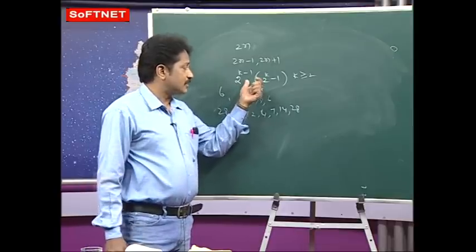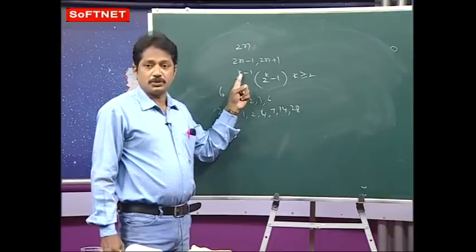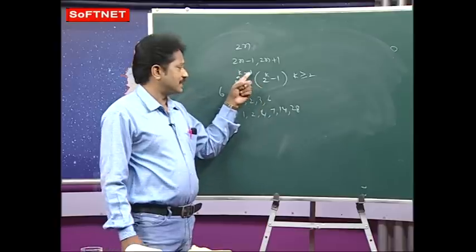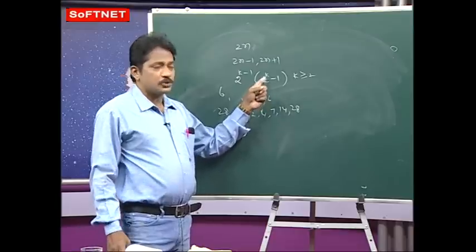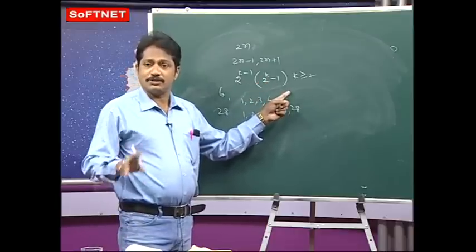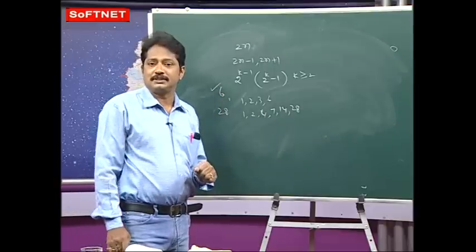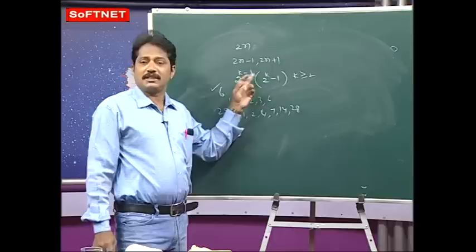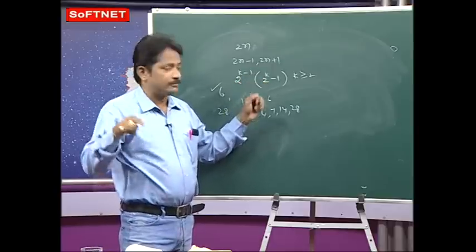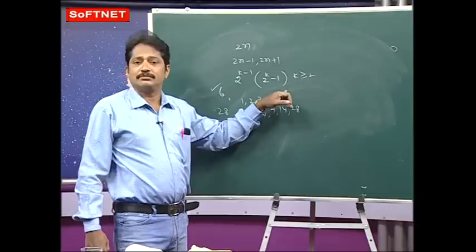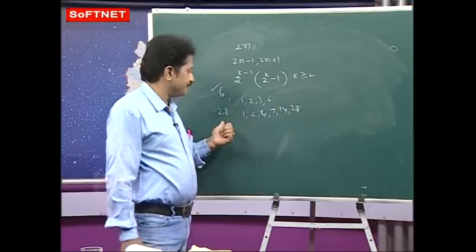And of course, if you substitute k equal to 2, because k is greater than or equal to 2, 2 power 2 minus 1 is 2 power 1, which is 2. 2 square minus 1, that is 4 minus 1, 3. 2 times 3 is 6, the first number. It is the smallest perfect number. When you take k equal to 3, 2 power 3 minus 1 is 2 square, which is 4, and 2 cube minus 1 means 8 minus 1, 7. 4 sevens are 28.